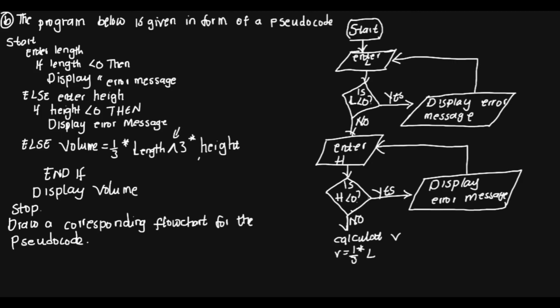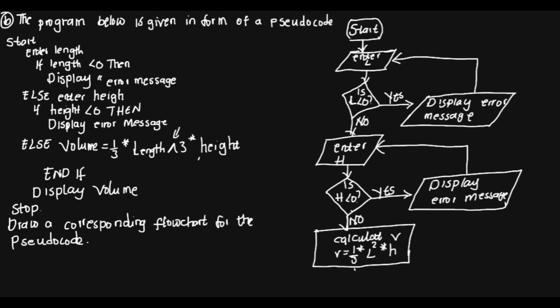This should be length, not raised to the power 3, should be raised to the power 2, then multiply by height. So this should be written under the rectangle. So this shows the processing.